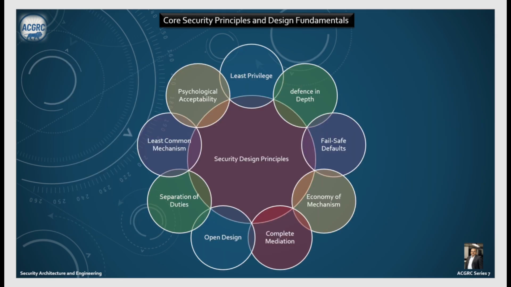What are the components of security design principles? Well, it has least privilege, defense in depth, fail safe defaults, economy of mechanism, complete mediation, open design, separation of duties, least common mechanism, and psychological acceptability. That's the first aspect.